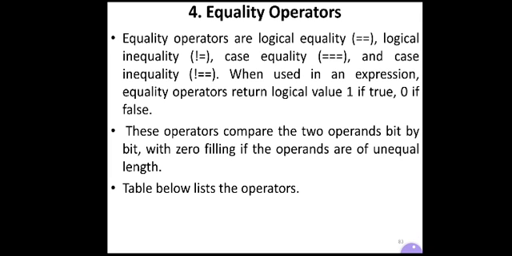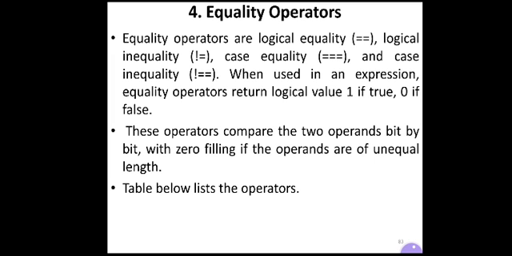If any operand consists of x or z, the result is x. Whereas the last two, case equality and case inequality, produce only a true or false result. There is no unknown result. So that is the difference between the first two and the second two.